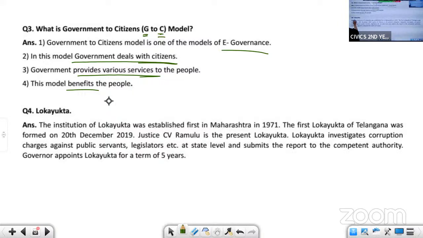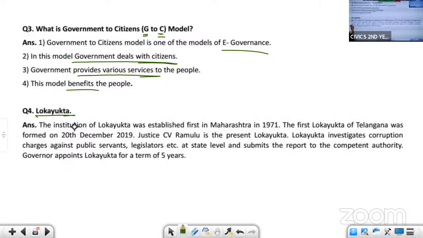Now, coming to the Lok Ayukt. We have discussed Lokpal. Lokpal will look into the cases of corruption against central government employees, political leaders at the central level, or ministers at the central level.